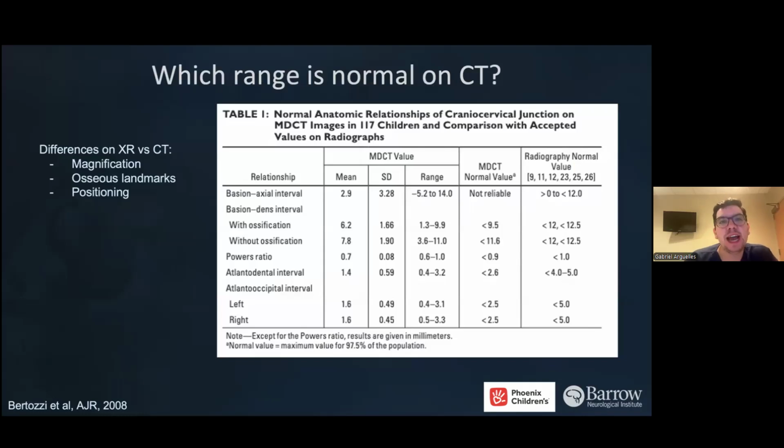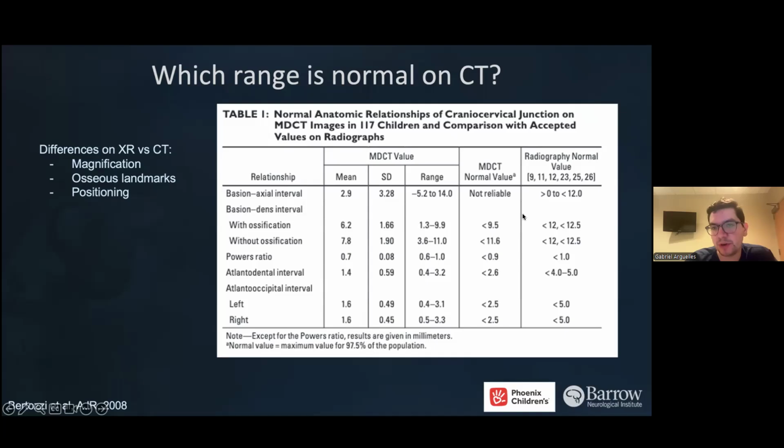Subsequent studies have looked at what range is considered normal on CT. As I mentioned, a lot of these parameters were actually devised using plain films or X-rays. So this is a really good paper from 2008 in a radiology journal where they looked at a bunch of patients without cervical spine injuries, and they compared their radiographic distances of these different things like the BDI and the atlantodental interval, and compared them to what's normal on a CT.